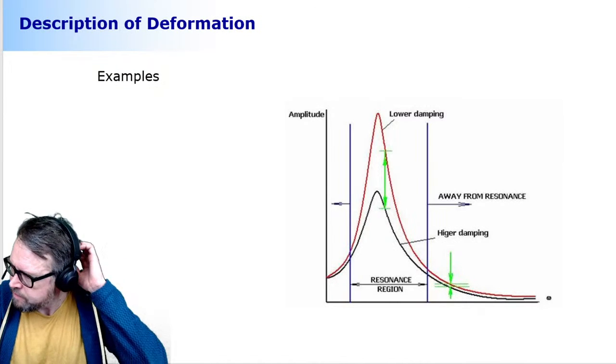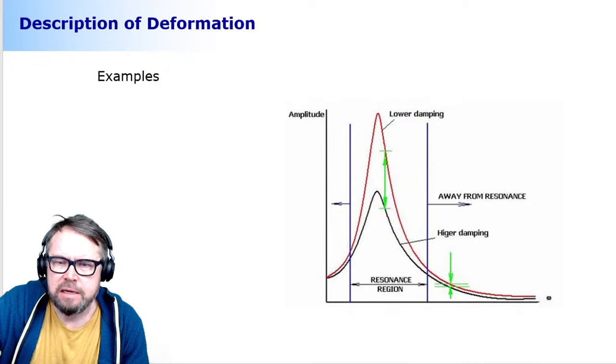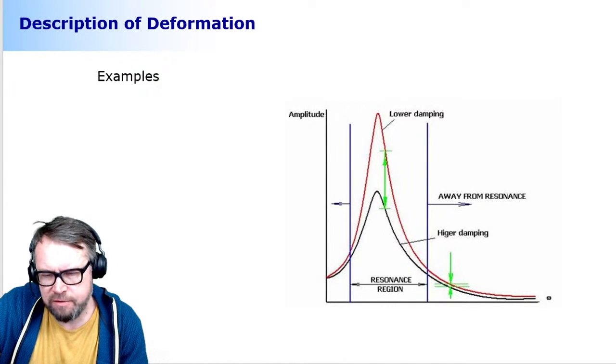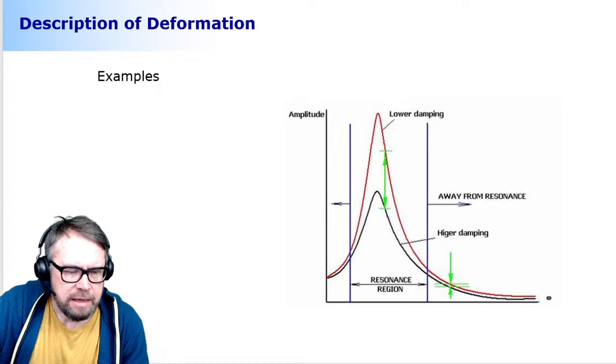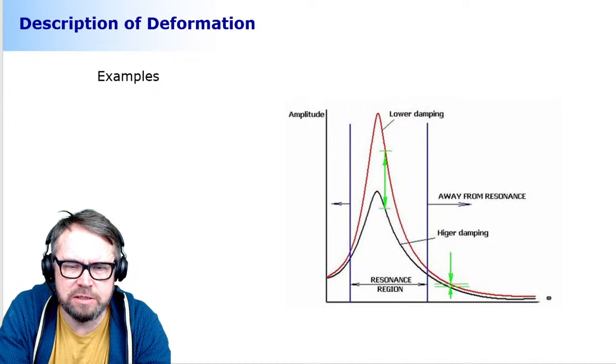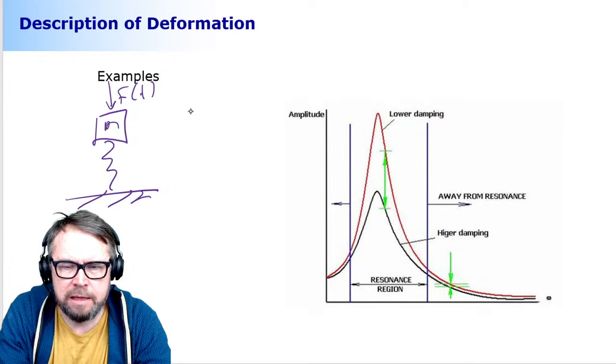natural frequency? Well, the natural frequency tells what the resonance frequency of the structure is. Let's make a very, very simple example. I have a mass and a spring, like this, and I'm imposing a force on the mass.